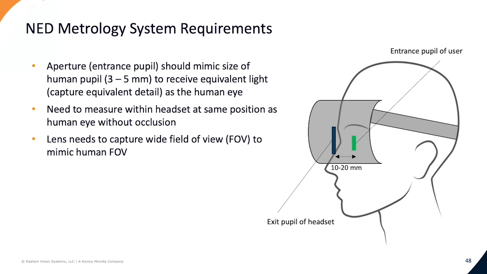The need to measure within the headset at the same position as the human eye without occlusion, and the lens needs to capture a wide field of view to mimic the human field of view. Our goal is to match the intended entrance pupil position within our imaging system's entrance pupil. In imaging lenses, the aperture acts as the entrance pupil of the imaging system.